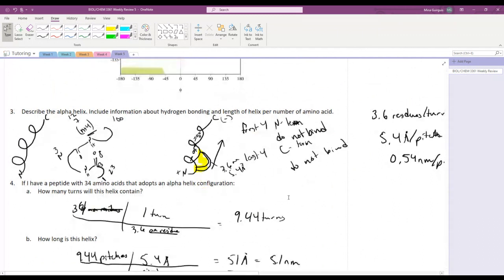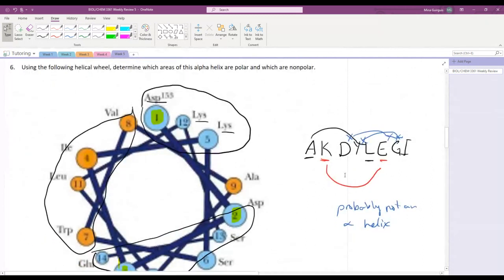So them being about 4 apart, like we see with leucine and alanine, with lysine and glutamate, with aspartate and glycine, and so on. This gives us an indication that these two will be really close to each other.